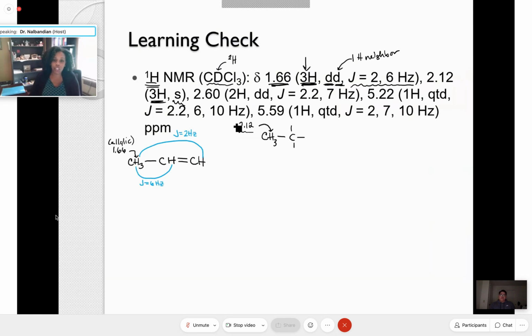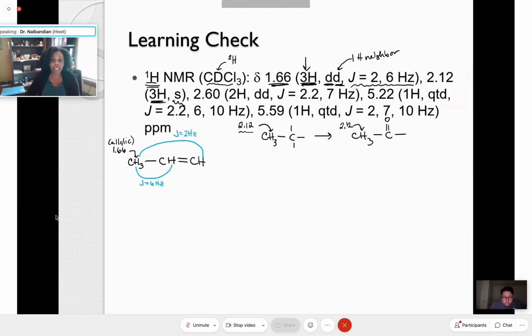So really, when we see 2.12, this is okay, but really it's going to be this, where it's a CH3, 2.12, and it is beside the carbonyl. This is the building block piece that you need to have.